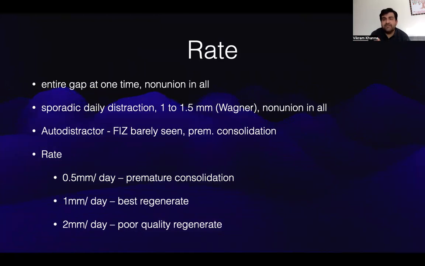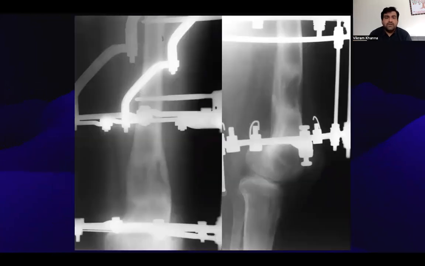So we have to be very careful when we see the post-op X-rays and the X-rays which are showing distraction, so that we come to know. These are the X-rays which show poor quality regenerate, and on the lateral view, we can see that a regenerate cyst is nearly forming.